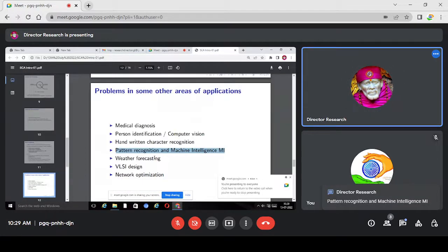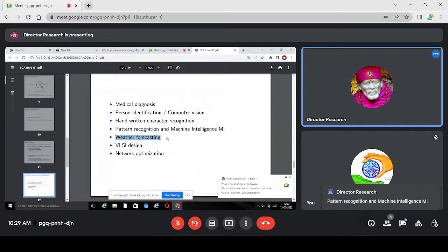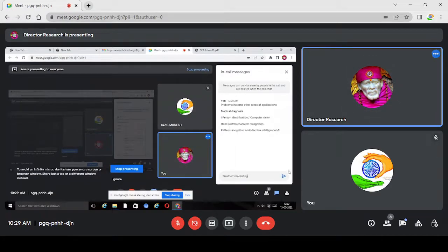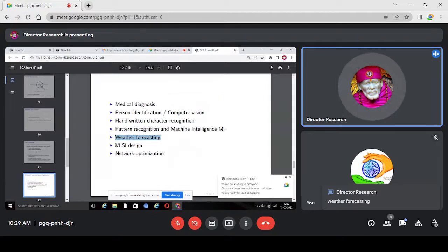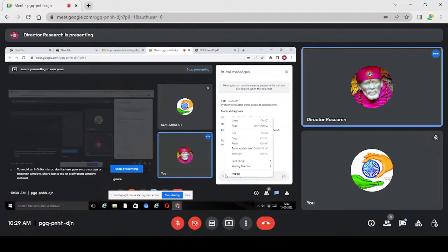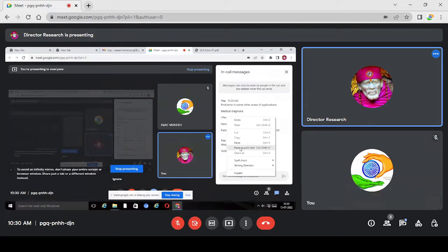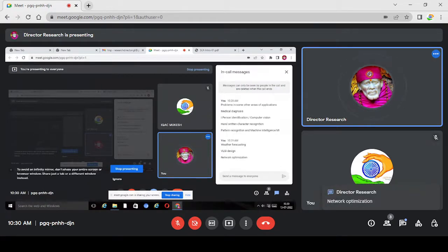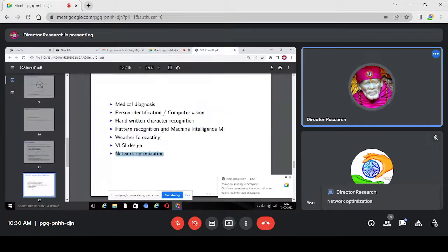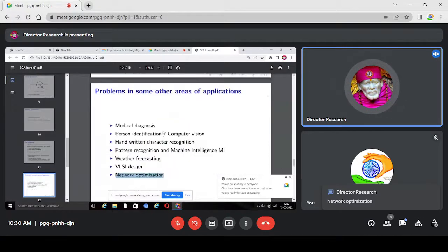Weather forecasting, VLSI design and network optimization. So these are the different types of problems in some other areas of applications.